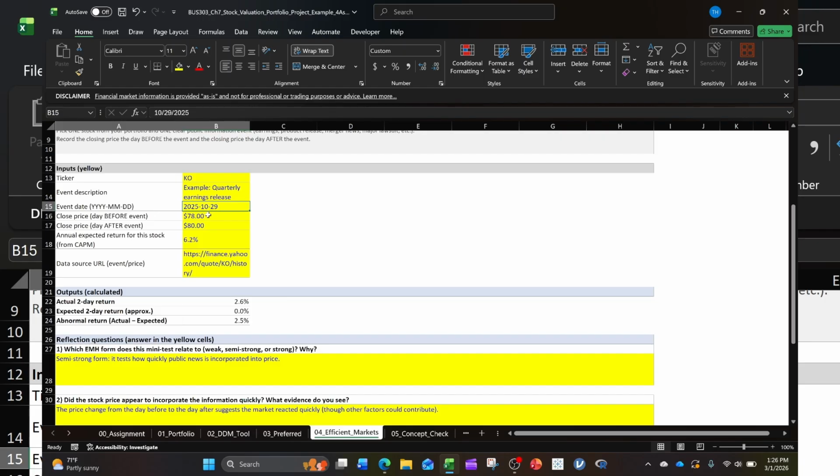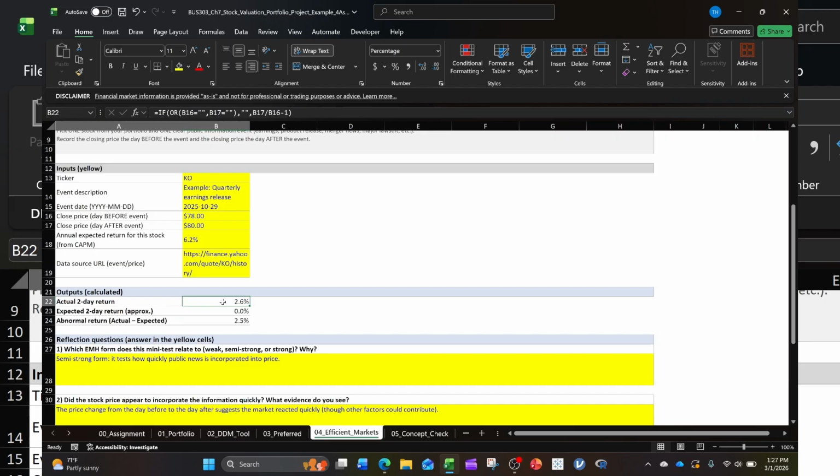Here, the closing price the day before the event, and the closing price the day after the event. Then the annual expected return from the stock, from your CAPM. And then, of course, the website that was used. So what we're doing, we're testing whether a public information event appears to be reflected quickly in price.